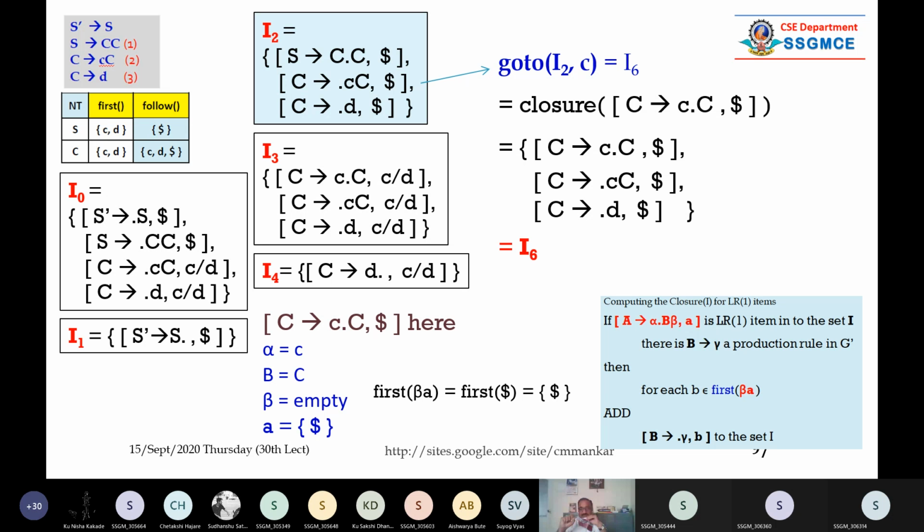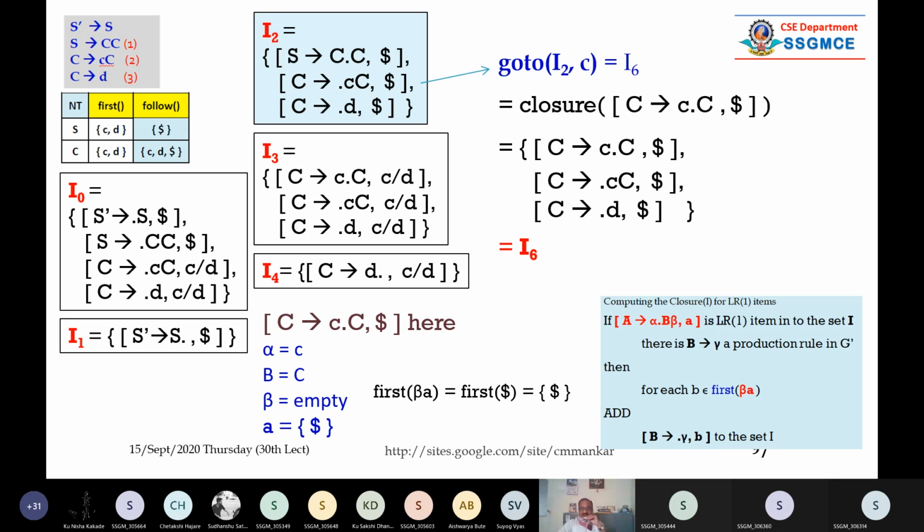Only that difference is there. If you practice by writing one or two examples in your copy, you don't need to work out many examples. If you write two examples, then your mind will accept how the new lookaheads are computed.